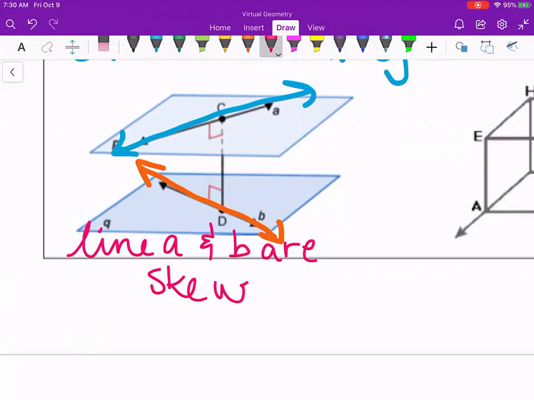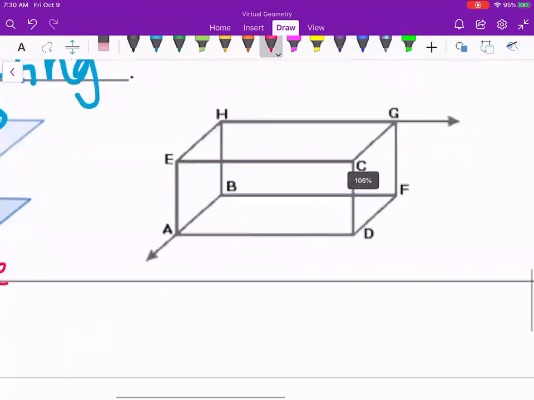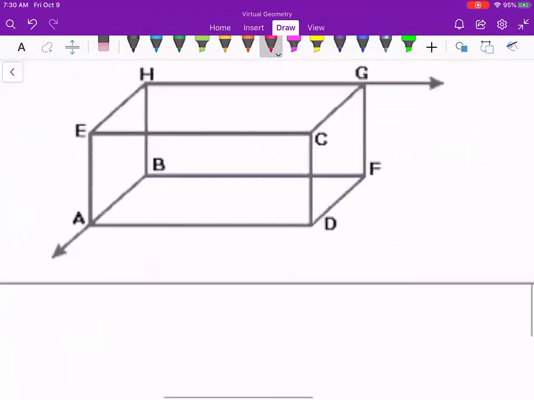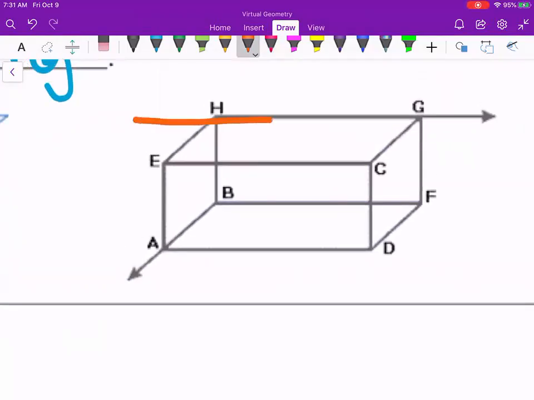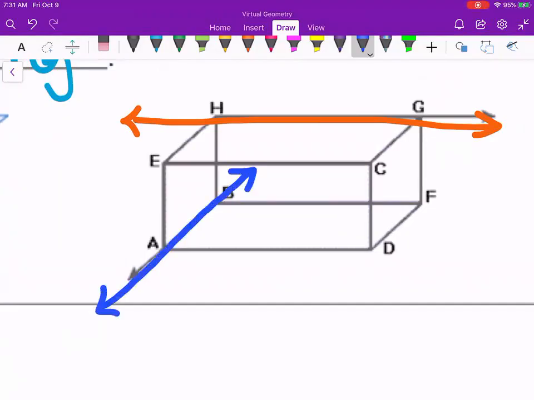Another way to think about it is if you have maybe a box. Okay, so think about a tissue box that you might have. Right now I have line HG, which is on the top of my box, but it's going left and right. Well, another line I could have on the box, another edge, line AB. Line AB is on the bottom of my box, and it's going front to back. So these 2 lines, again, are not going the same direction.